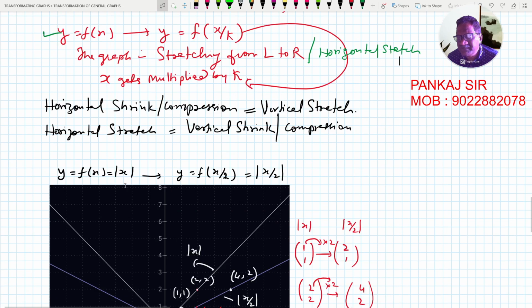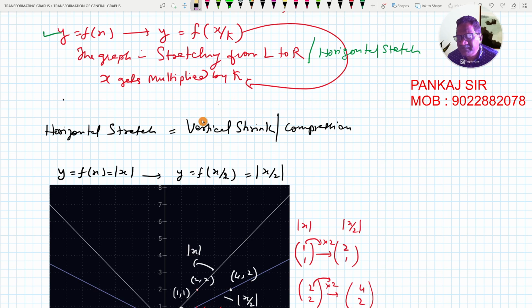Now here I have mentioned horizontal shrink and compression is equal to vertical stretch. This is not correct. I'm sorry that I wrote this, but one thing is clear: you should not consider these as the same. In fact, they are not equal.